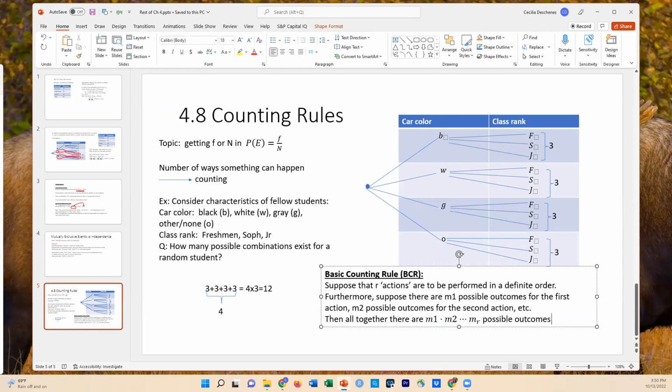So multiplying them all together is the basic counting rule.